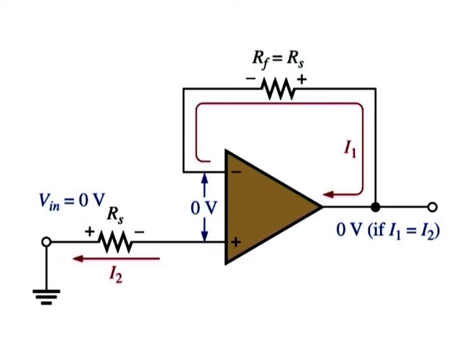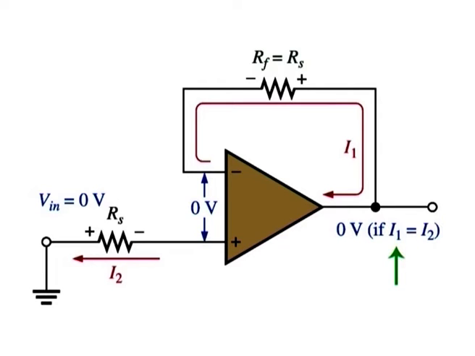Bias current compensation. As shown in figure, the output error voltage due to bias currents in a voltage follower can be sufficiently reduced by adding a resistor Rf equal to the source resistance Rs in the feedback path. The voltage drop created by I1 across the added resistor subtracts from the minus I2 Rs output error voltage.